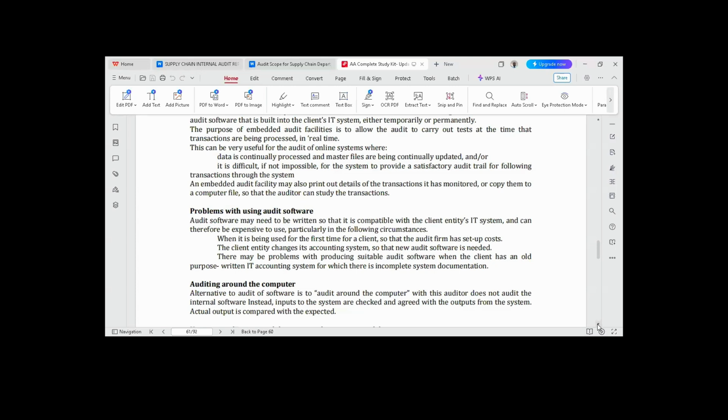If they are the same, it means that the internal control system is efficient and effective. But where there are variations, the auditor will probe and try to reconcile those issues, and the procedure continues. So test data is mostly used for test of controls, while audit software is mainly used for test of detailed transactions and substantive procedures. All right? I hope we are together.